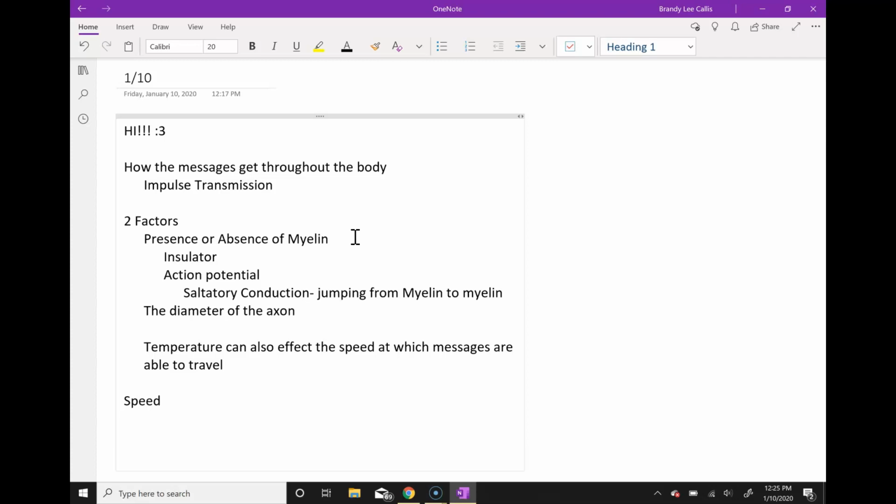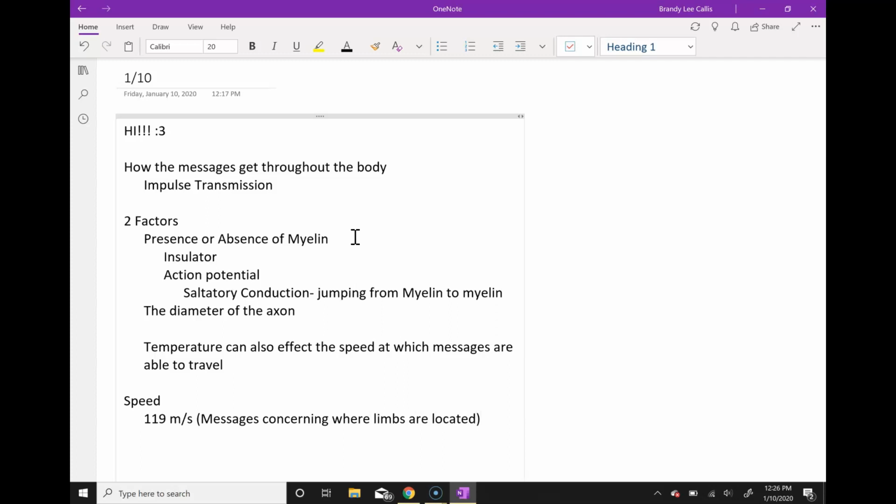Now, when I say that messages speed through things, I am talking about super fast, okay? Not like racing car fast. I'm talking even faster than that. Certain ones can go up to 119 meters per second. Okay, those are specifically the messages concerning where your limbs are located.